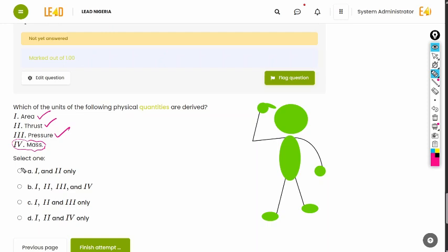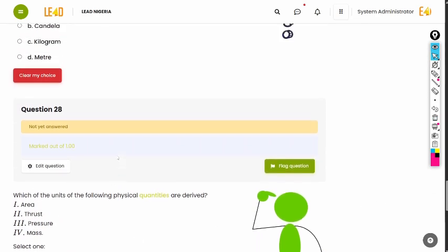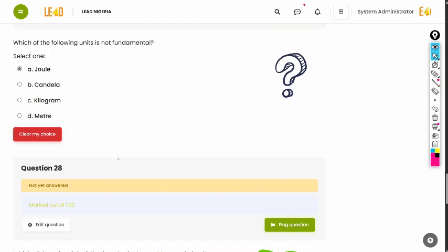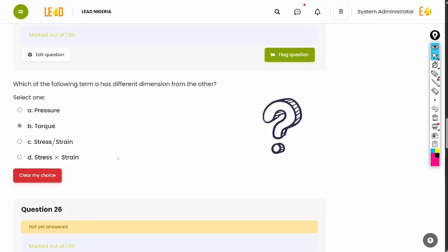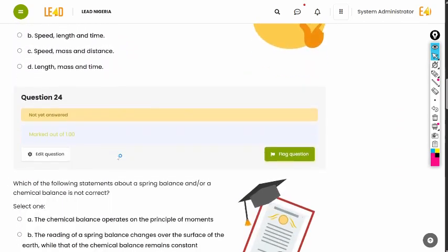Learn your fundamental quantities and fundamental units, and then you can tell which ones are derived. So 1, 2, and 3 are derived quantities. That's C. Those are all the questions on measurements, quantities and units. Good luck with your prep.